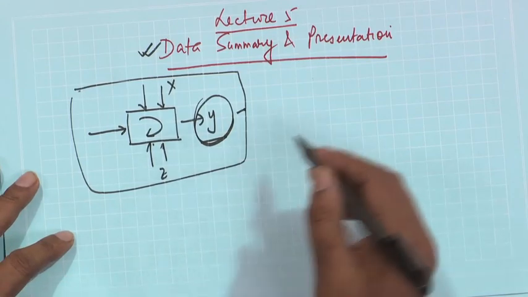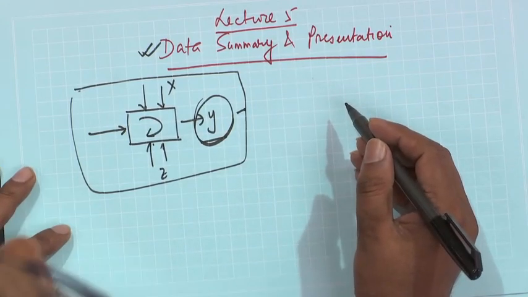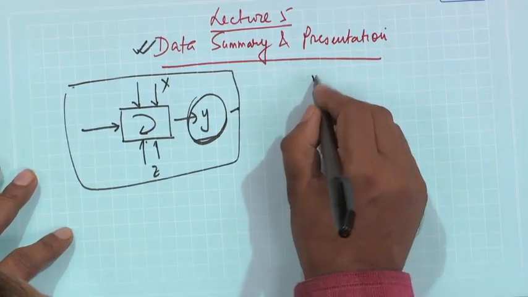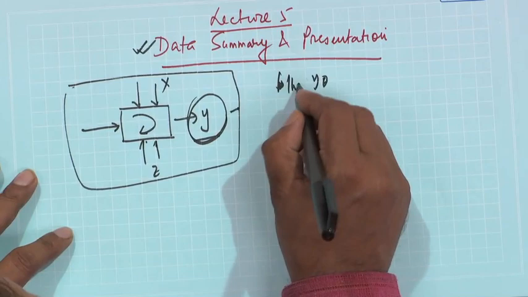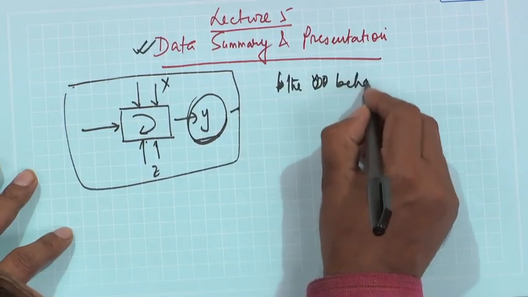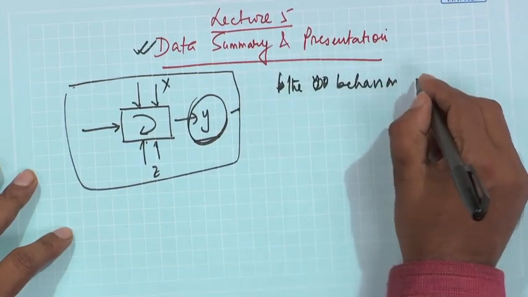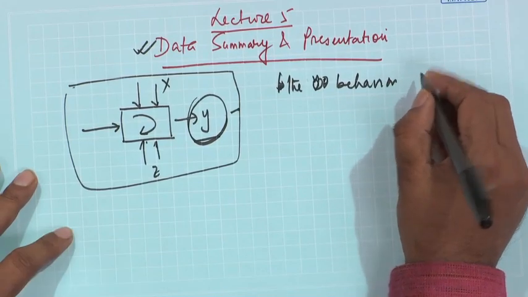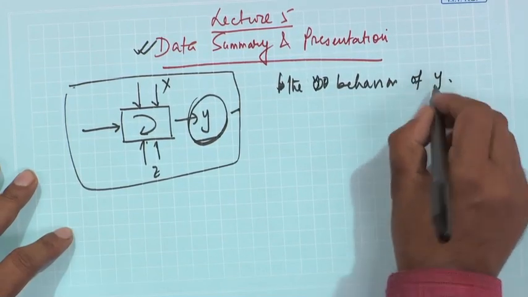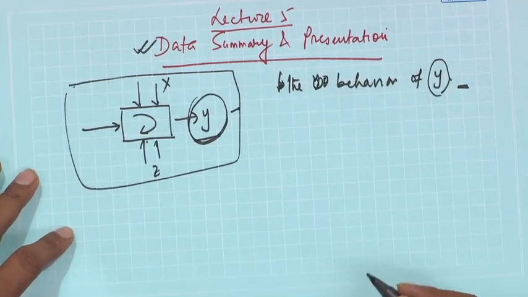As you know, the DOE's objectives are to find out the behavior of y, this is the first and important objective, that behavior of y means the response variable.